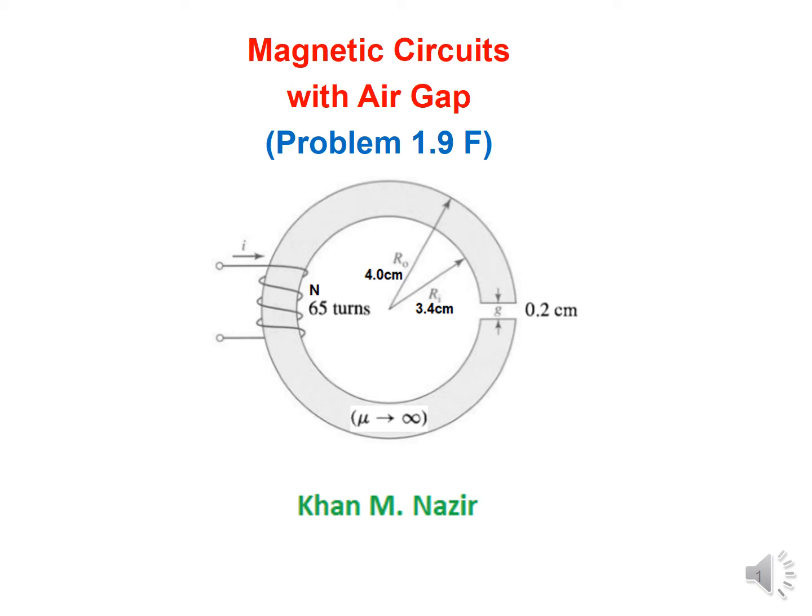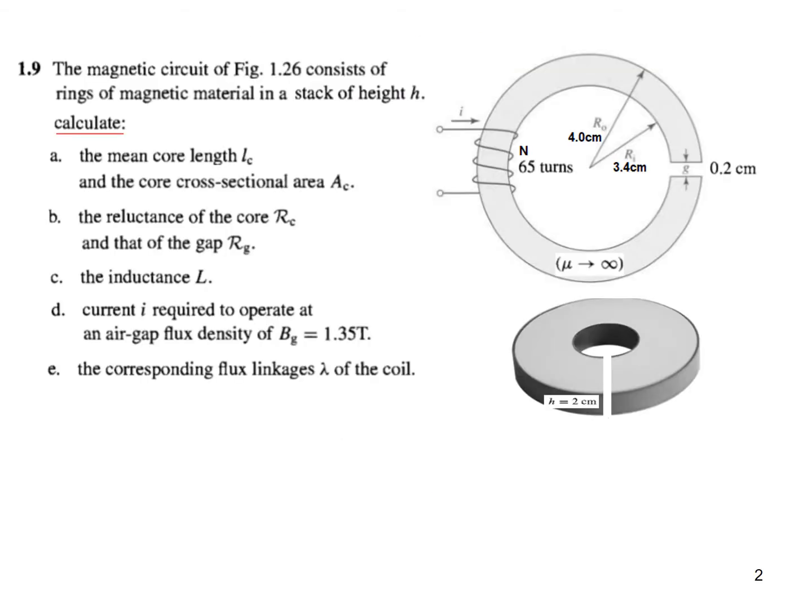Bismillahirrahmanirrahim. This is another video on a magnetic circuit with air gap, and this is problem number 1.9 of the second textbook. So let's see, the magnetic circuit in figure 1.6 consists of rings of magnetic materials in a stack of height h.